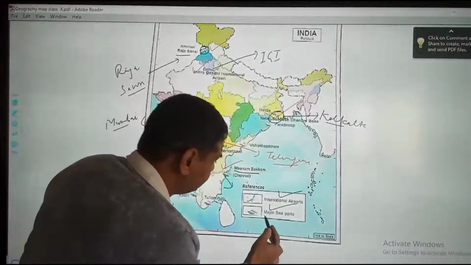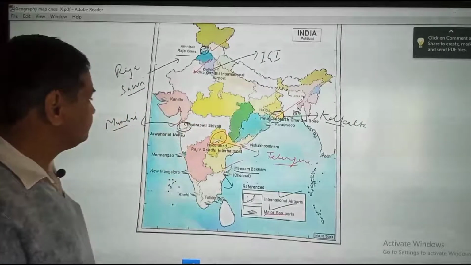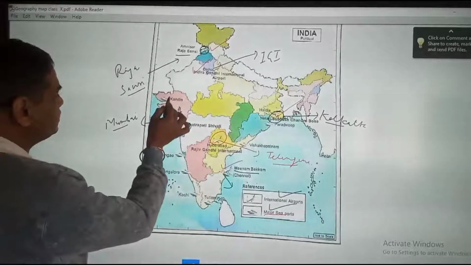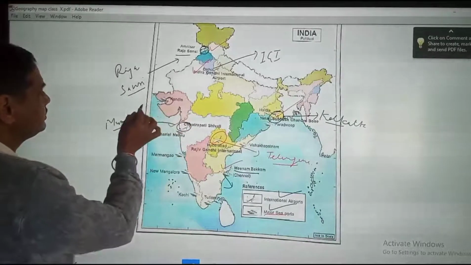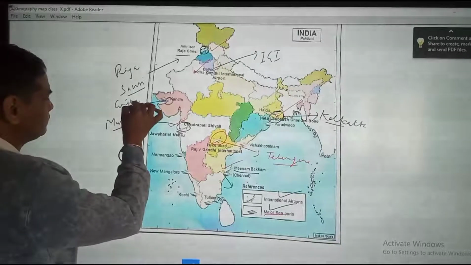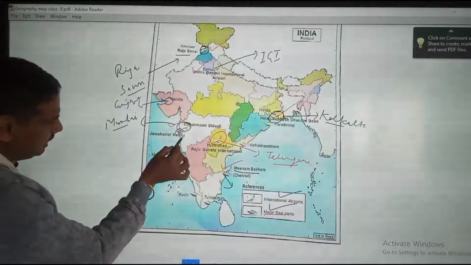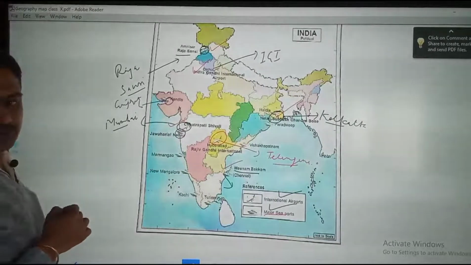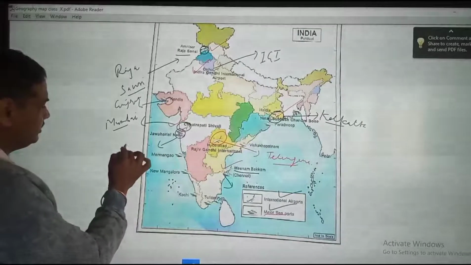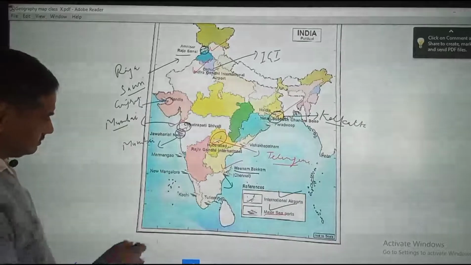Next are the major seaports. Moving along the western coast, the first seaport is Kandla, in the Gulf of Kutch in Gujarat. Then comes the Jawaharlal Nehru Port, the busiest port of India, in Mumbai.